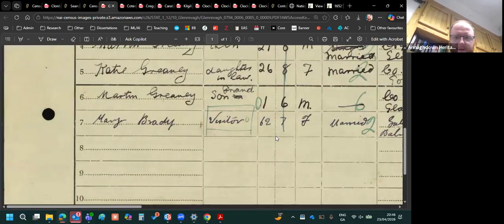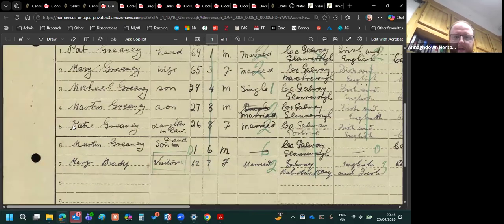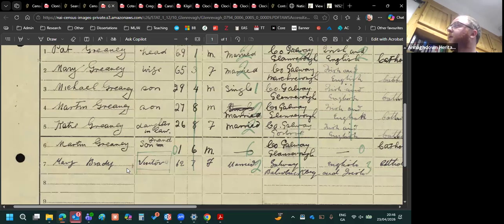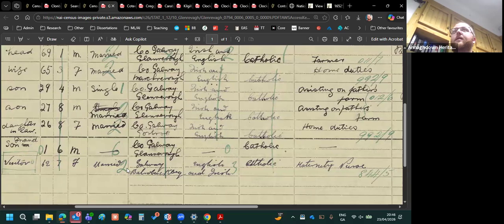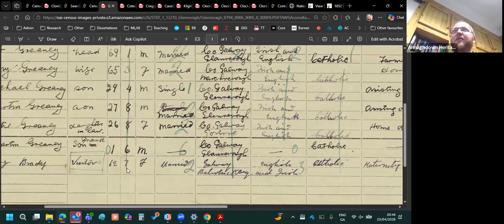So I went in to look at the records, and Katie Greaney here had a daughter on census night. So Mary Brady is a maternity nurse. That's why she was staying there that night. Yeah, after they filled out the form.